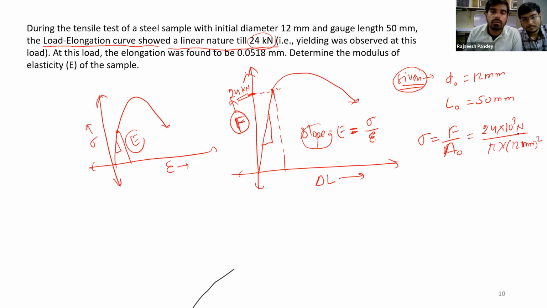So 12 mm squared, and it comes out to 212.2 megapascal.